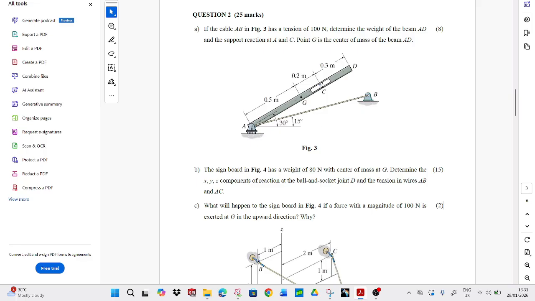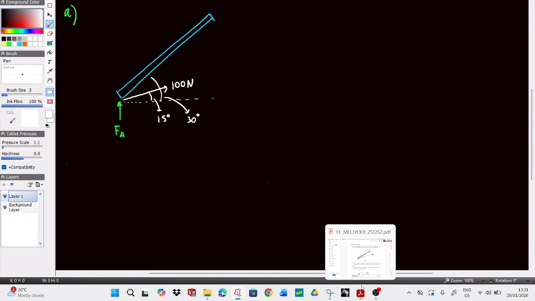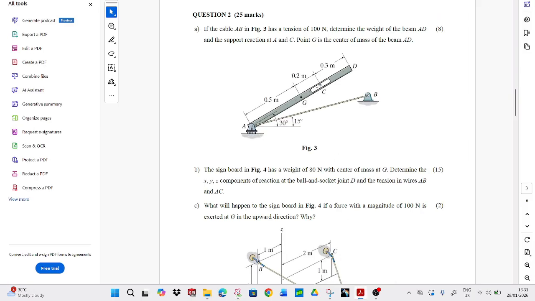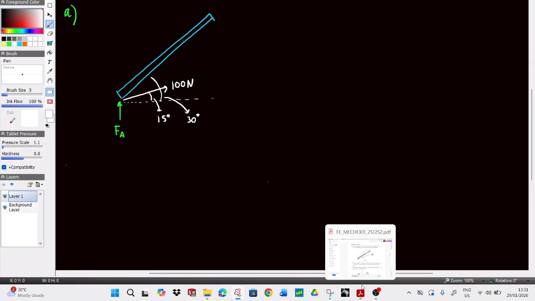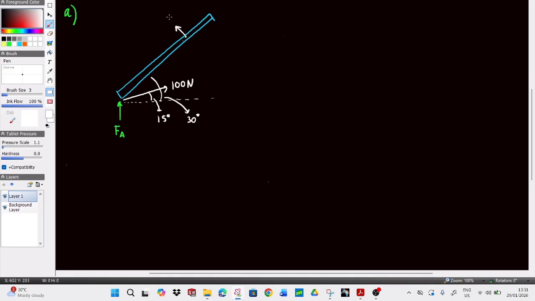Then we have the slot at C. The slot at C has a force acting on it, and if I'm not mistaken, this is the only force that will act on it. So it would be acting here. This is the slot force at C, the support reaction, which we call FC.